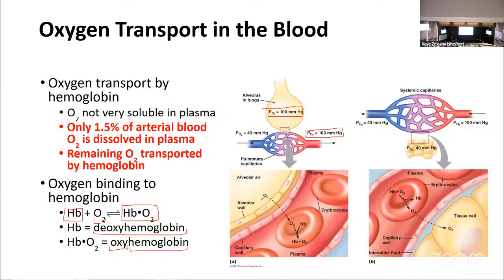But most of that oxygen is going to jump into a red blood cell, where we see hemoglobin, and bind onto that hemoglobin. When we get to our tissue, to get rid of the oxygen, we need that oxygen to jump off of our hemoglobin, out of our red blood cell, and into the tissue.